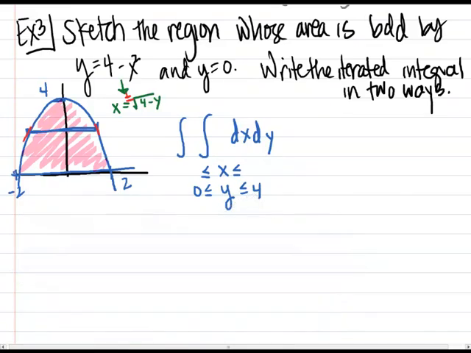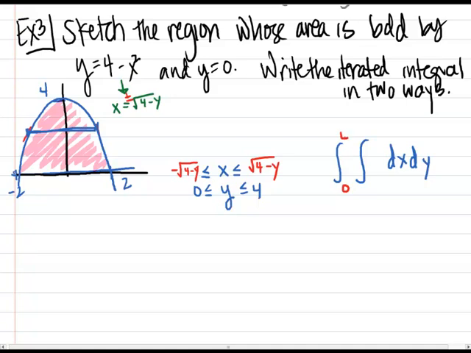One being on the left side, one being on the right hand side. So I'm going to write those in. I've got 0 to 4, negative radical 4 minus y, and positive radical 4 minus y.